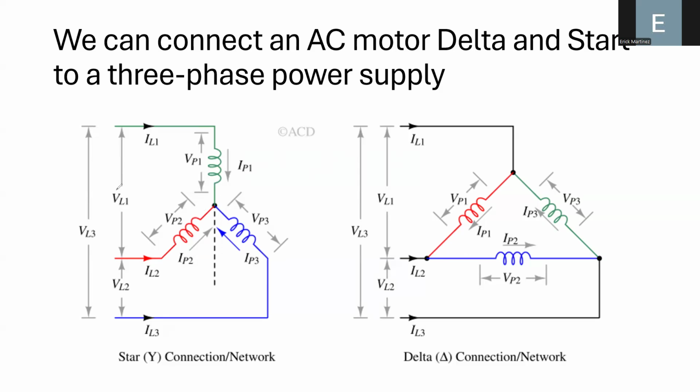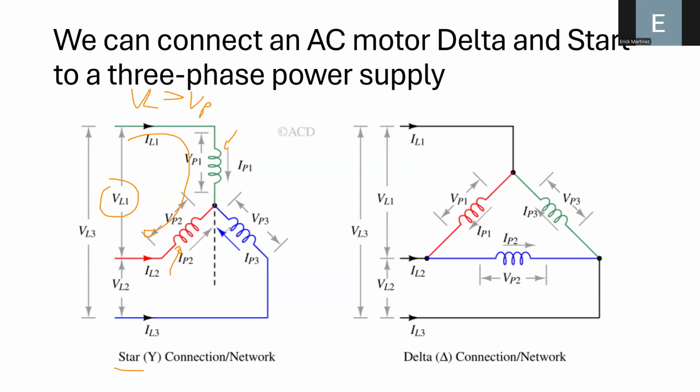For example, if you analyze the voltage that is used to power an AC motor in a star connection, you can observe here, if you analyze this loop, that the voltage is divided between the voltage of phase number one, that is this one, and phase number two. This means that the line voltage is greater compared to the phase voltage.